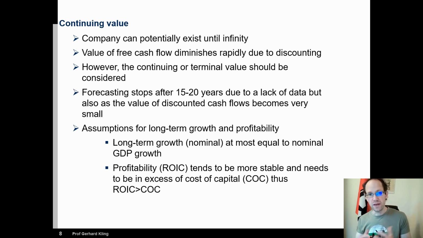Now, the final point I want to make in this section is around continuing value. What does that actually mean? The continuing value is the value of my free cash flows going way into the future. In terms of valuation models, usually the forecasting horizon only covers a few years.